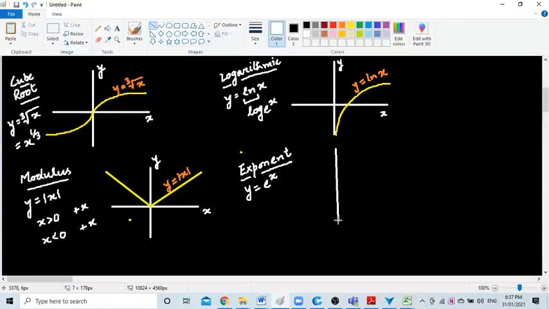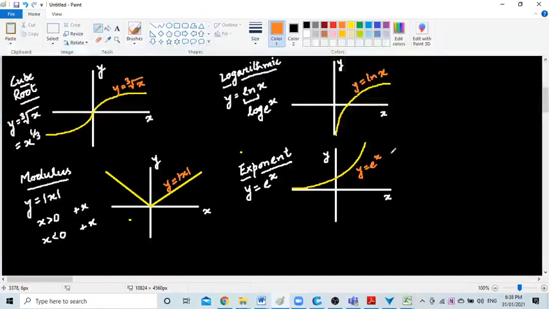This y equals e to the power x can be given like this way. Over here, let's say this is the x-axis and this one is the y-axis. This is how you can draw the graph for y equals e to the power x.